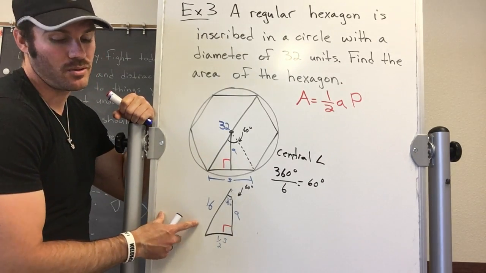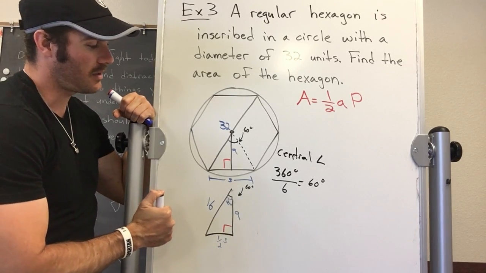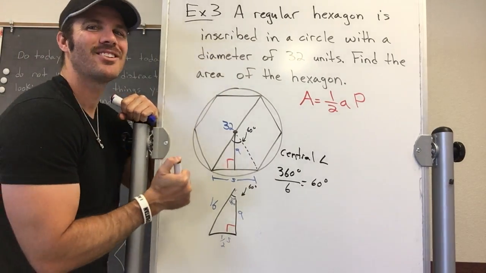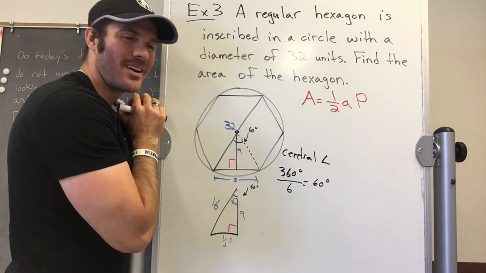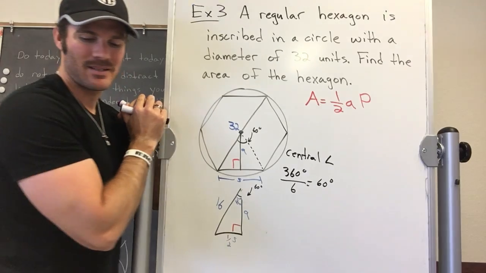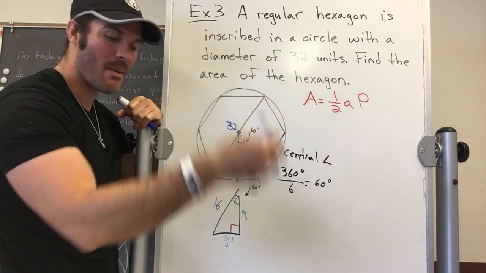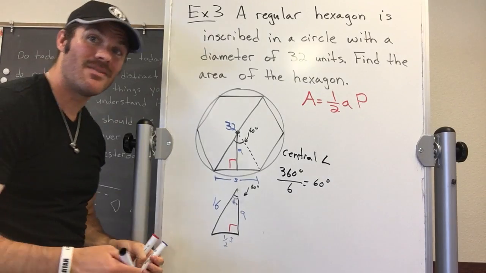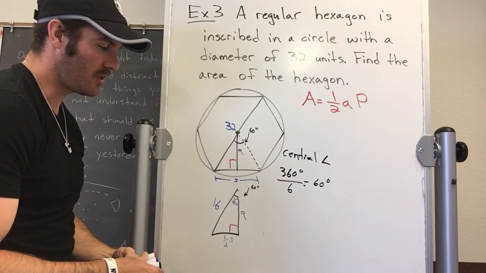I'd rather do SOHCAHTOA. It's just easier and faster, I think, because I know how to do it. Without practice, the theorem kind of leaves my mind. I can go back to chapter 7 and look for it, but for the sake of time in this video, I'm just going to do SOHCAHTOA.